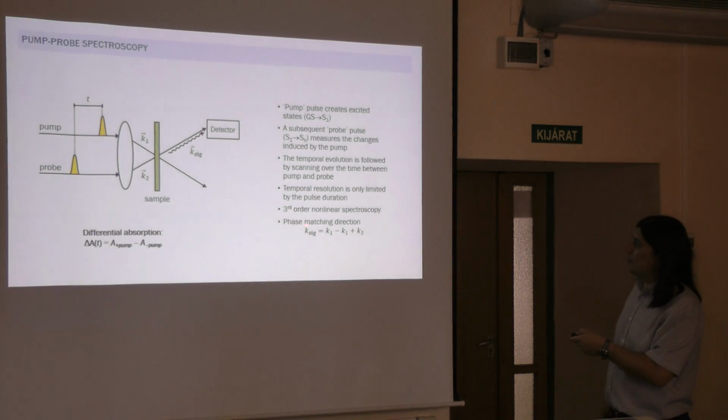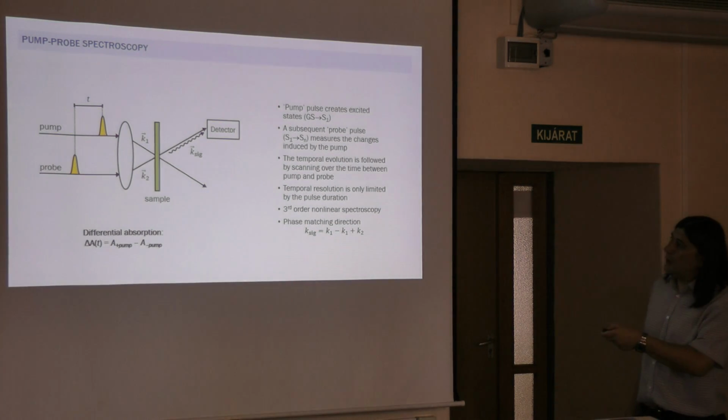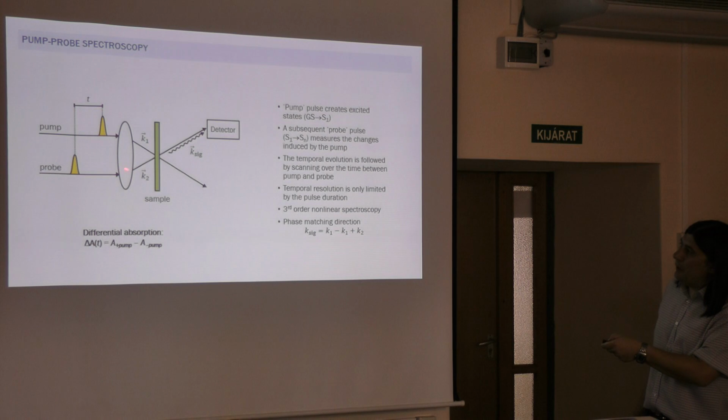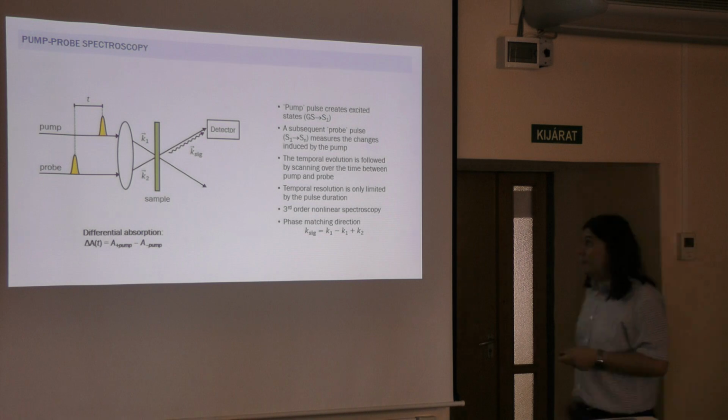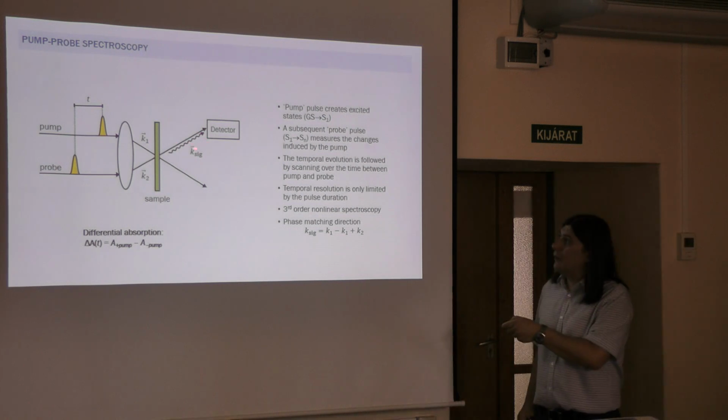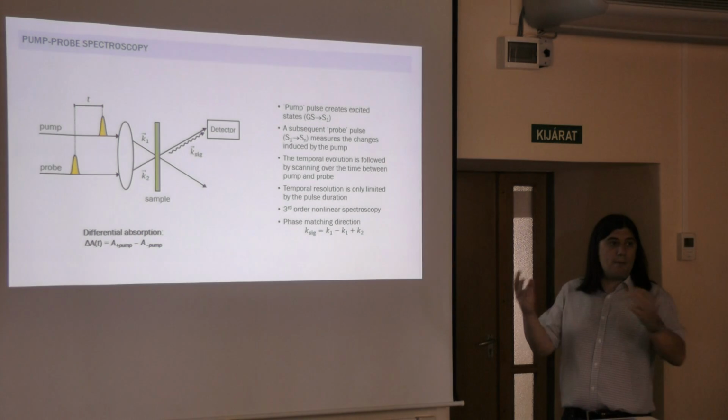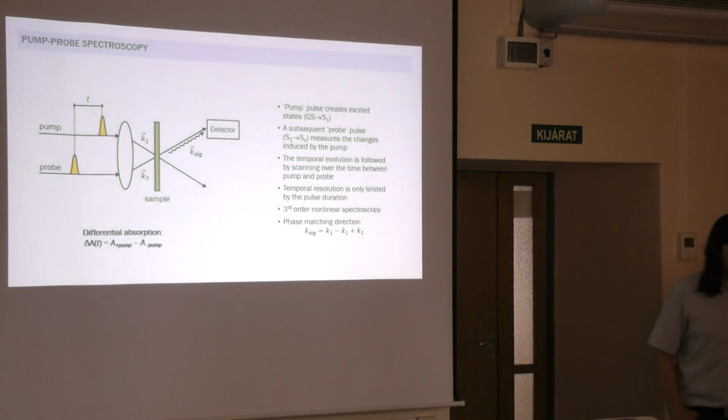It comes from what is called the phase matching condition, because in pump probe, the signal is emitted along with the probe wave vector. The law of conservation of momentum says that the signal vector is the sum of all incoming radiation vectors.